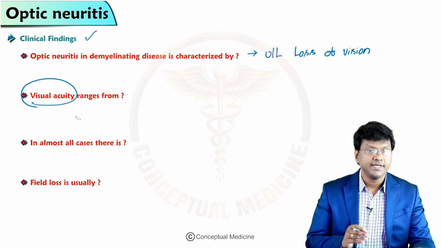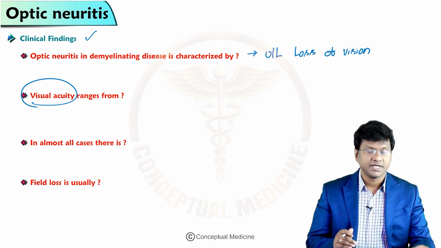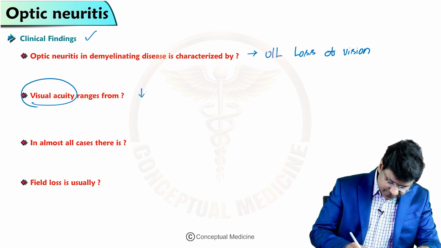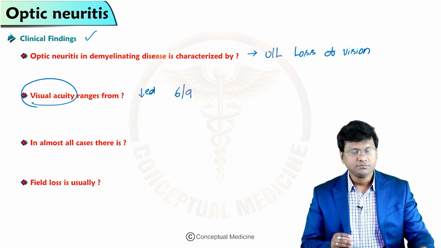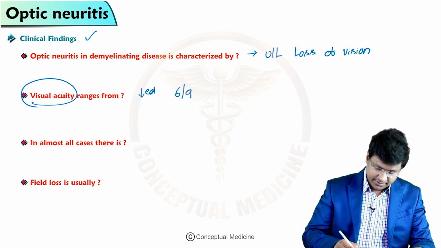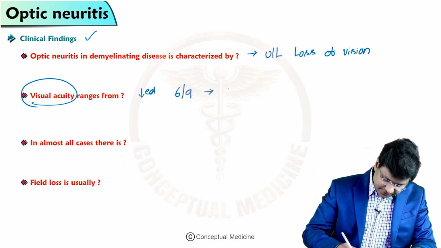Visual acuity is reduced, and it ranges from 6/9 and may even progress to a scenario where there can be severe visual loss.